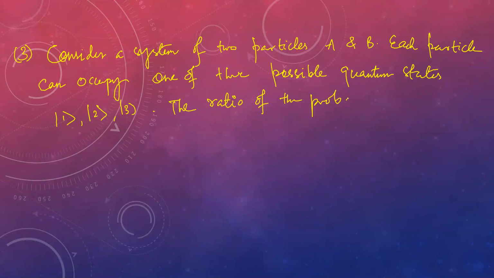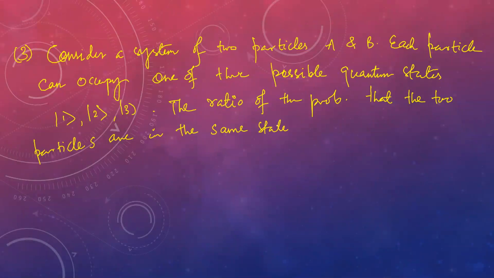The ratio of the probability that the two particles are in the same state to that of the probability that the two particles are in different states is calculated for bosons and classical particles.